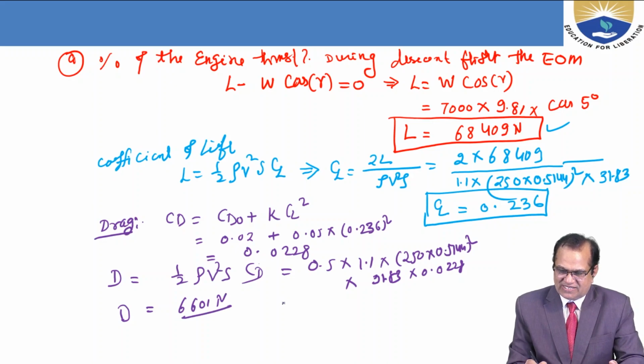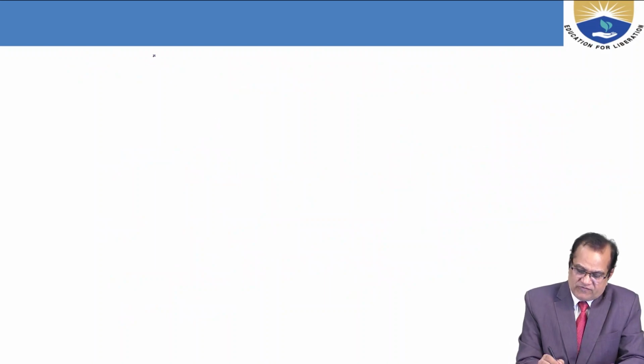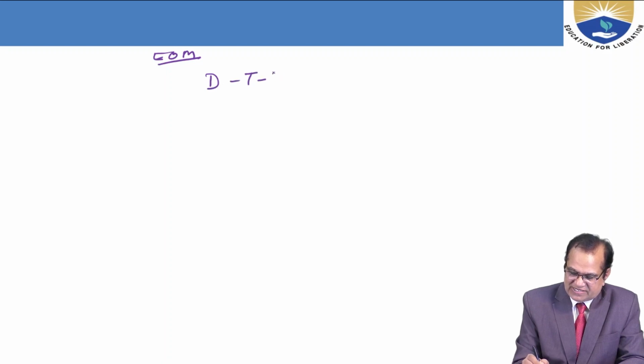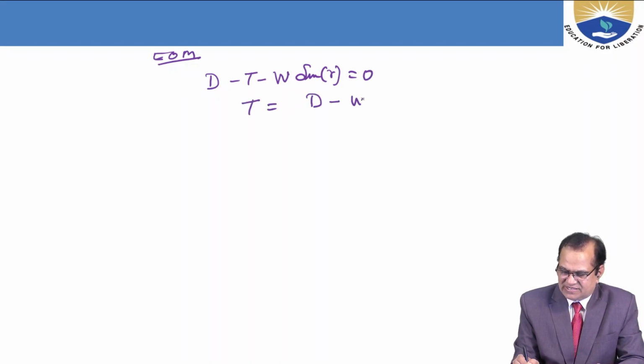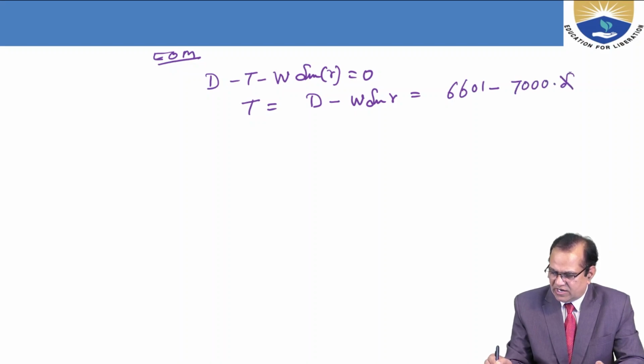And we know that from the equation of motion, D minus T minus W sine gamma is equal to 0. So T is equal to D minus W sine gamma, and D we have just found out, 6601 minus 7000 into 9.81 into sine 5 degree.